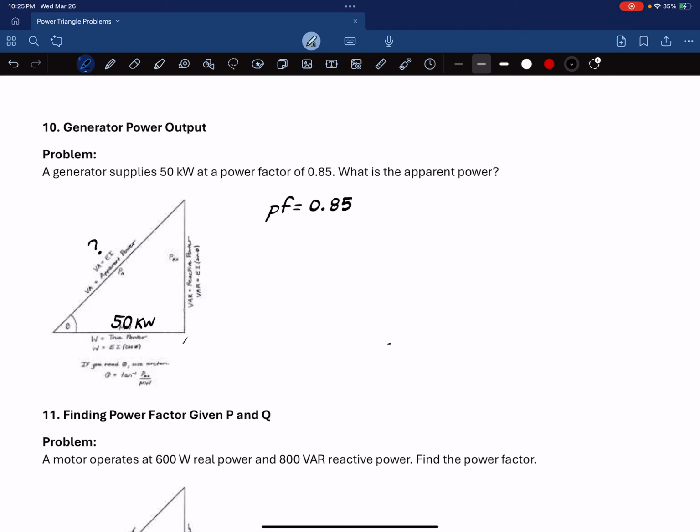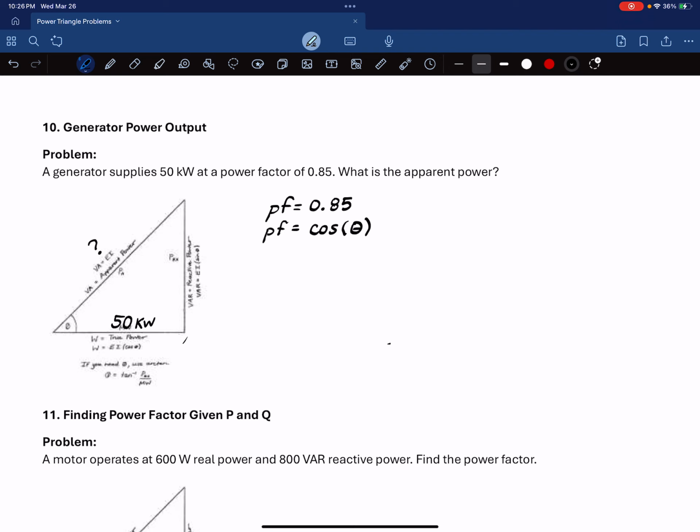Now, if I knew theta, we could work with a ratio, but I don't. So we're going to have to work from this power factor formula. I know another way to write power factor. Just as review, that is also the cosine of theta. But we don't know theta, so we can't really find the factor.